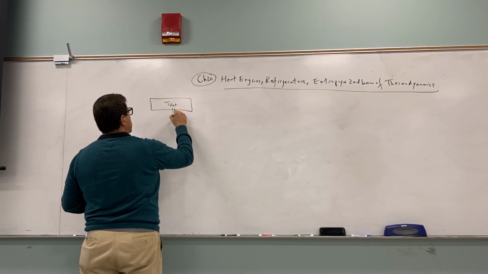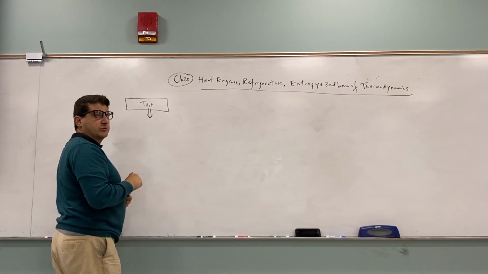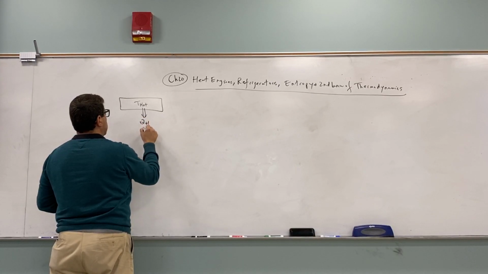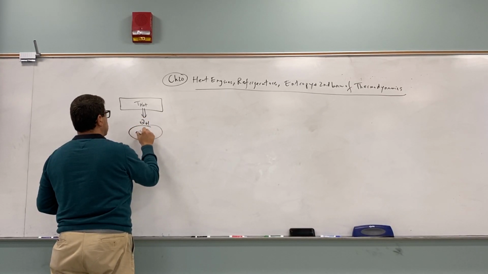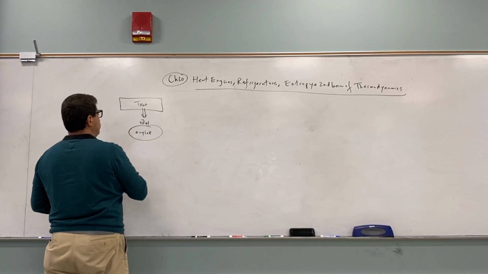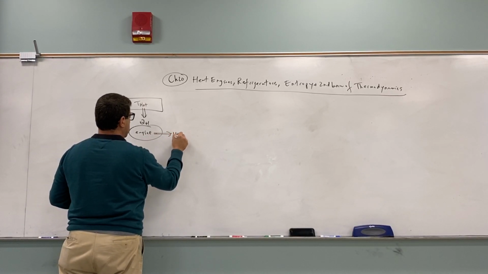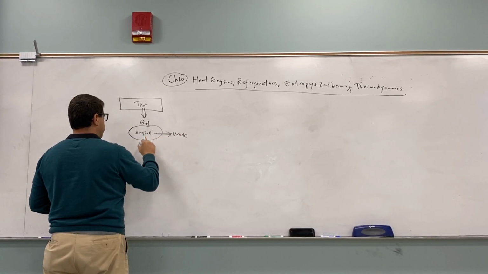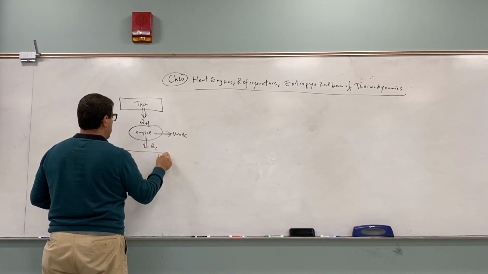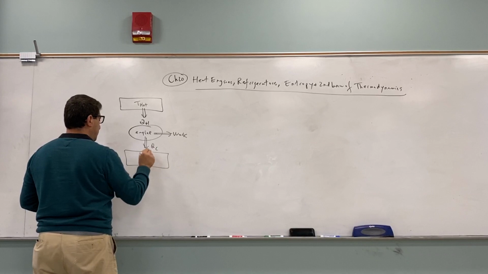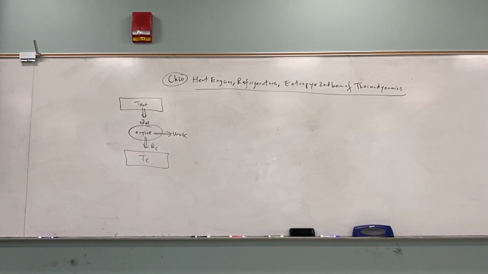You're extracting heat from the hot reservoir, and here's the engine. Then you're doing some work, then you're dumping heat into a cold reservoir, heat cold. So this is the cold reservoir.